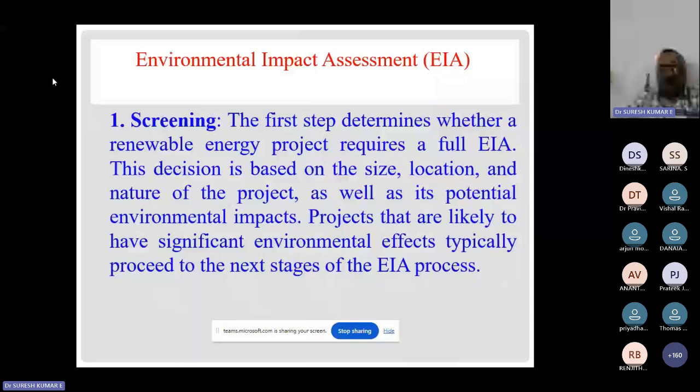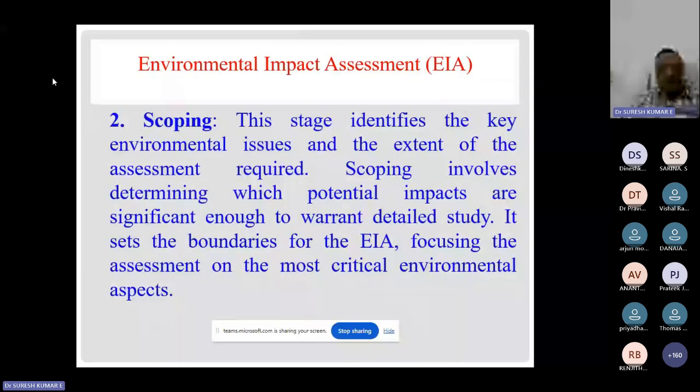If it is higher, the screening committee will reject it, just like BTech projects nowadays, below quality, we can reject. Projects that are likely to have significant environmental impacts typically proceed to the next stage of the environmental impact assessment process. Otherwise, at the very beginning itself, we will reject. Next, you can see scoping.